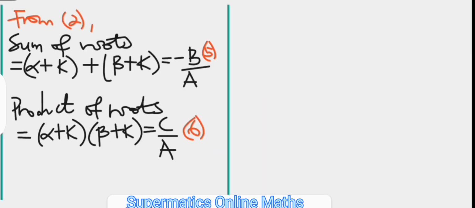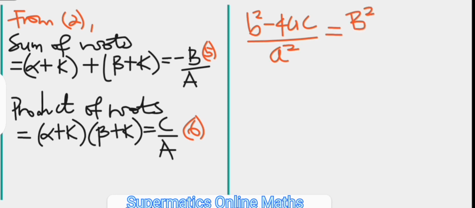Now, with that done, we want to show that b squared minus 4ac over a squared, all in lower cases, will be equal to the ones in capital cases, capital B squared minus 4 capital A capital C over capital A squared. So it is simple algebraic manipulations that we'll be doing here.